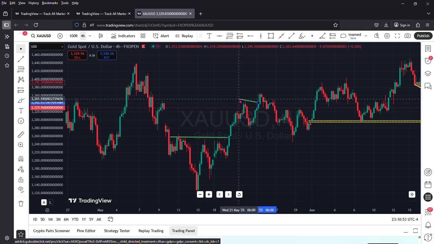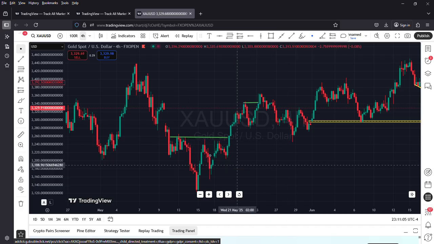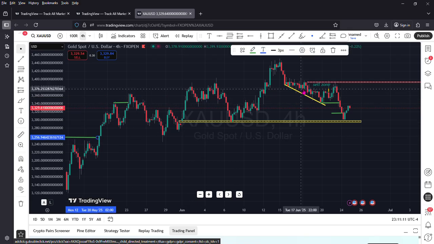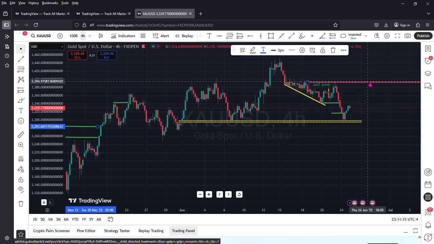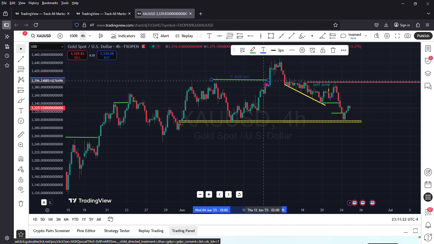After this break of structure, the market retraced and tested the area that the market had pulled back from, and the market also had a break of structure here.